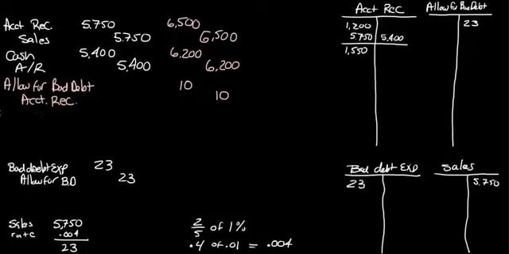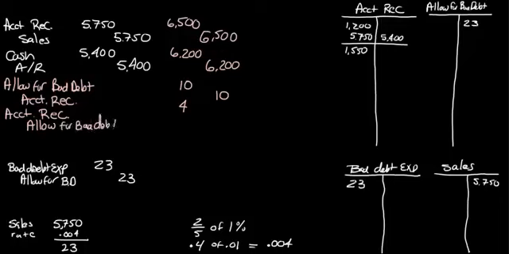We have two other transactions that are going to happen. We collected some money we had previously written off. When that happens, it's a two-step process. First, you reinstate the accounts receivable for the amount you wrote off, so you debit the accounts receivable and credit the allowance for bad debt.